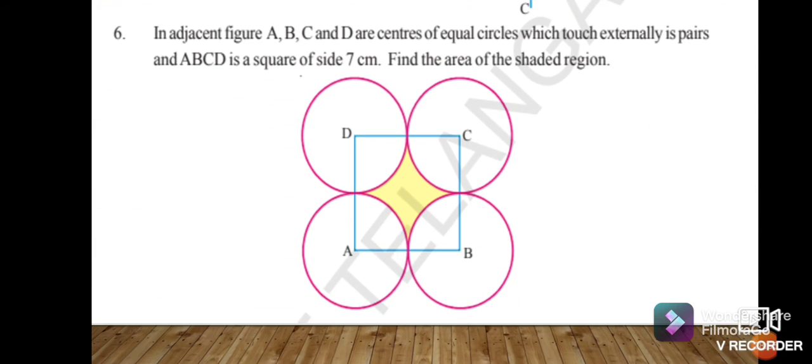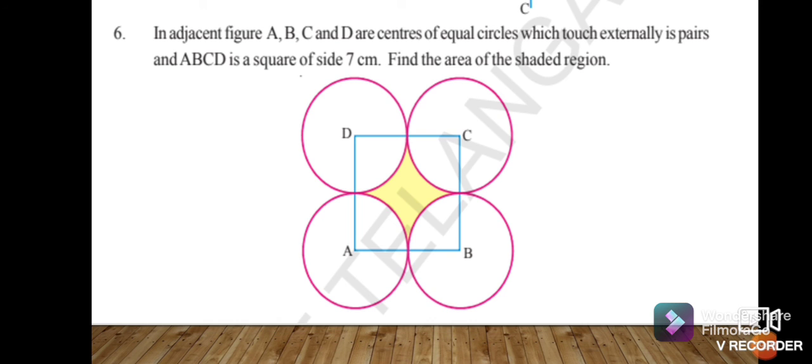Now again a very important sum. In the adjacent figure, A, B, C and D are centers of the equal circles which touch externally, and ABCD is a square of side 7 centimeter. Find the area of the shaded region. So children, this type of structure you can observe while playing carom board.